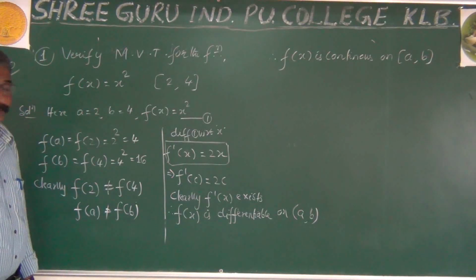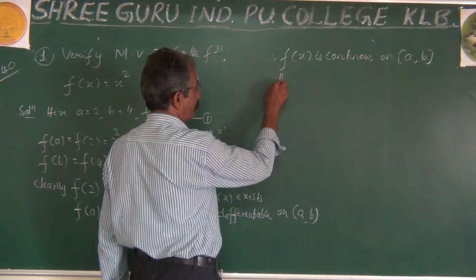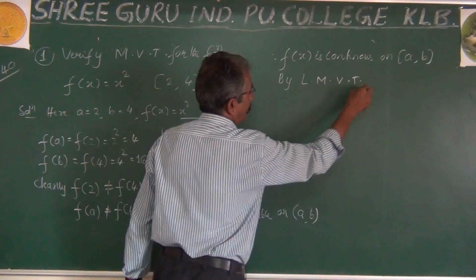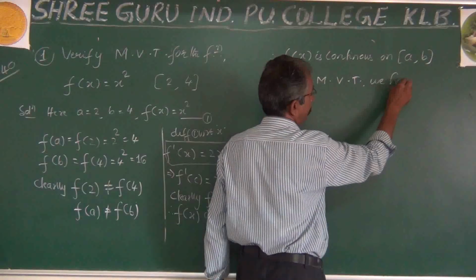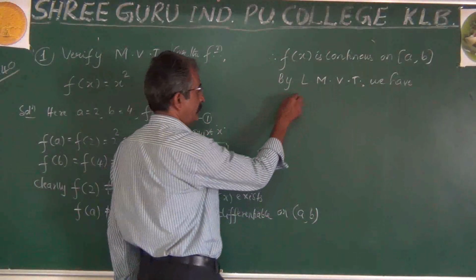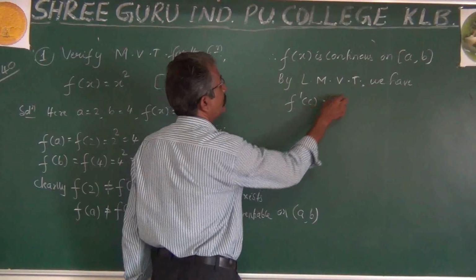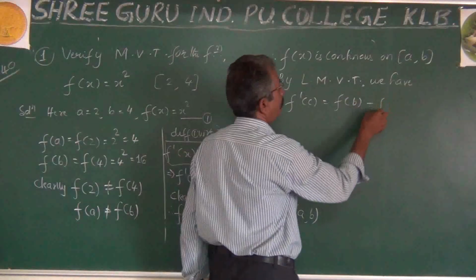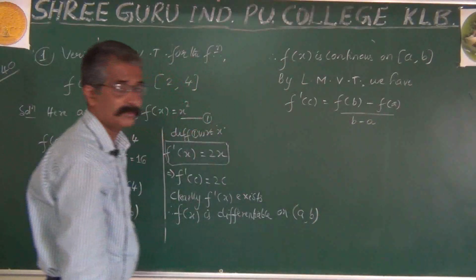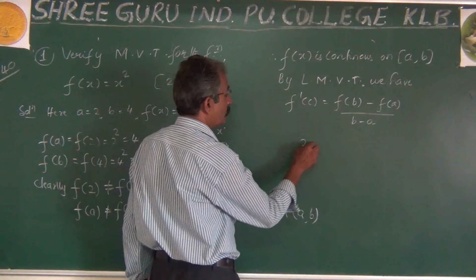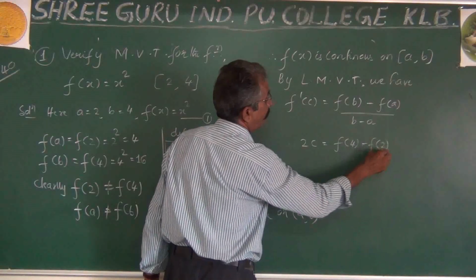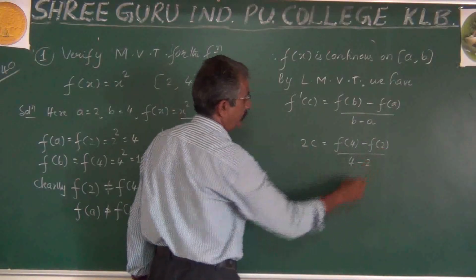Let's apply Lagrange's mean value theorem. By Lagrange's mean value theorem we have f dash of c equal to f of b minus f of a divided by b minus a. F dash of c means 2c, f of b means f of 4, f of a means f of 2, b is 4, a is 2.